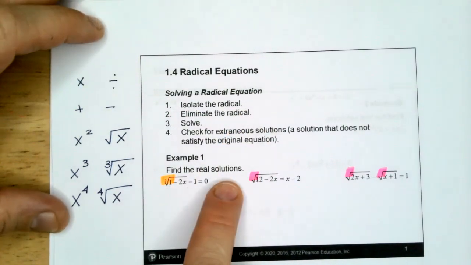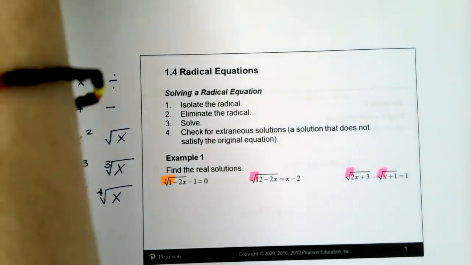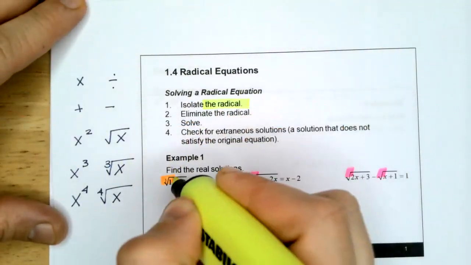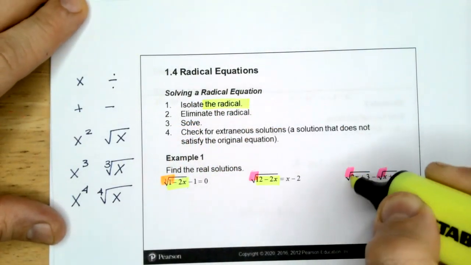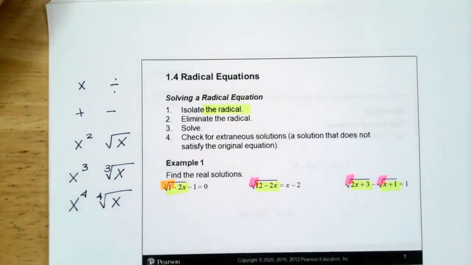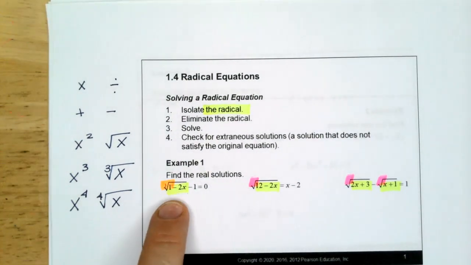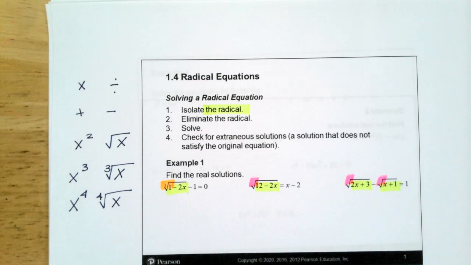This radical is not isolated. When they say the radical, they mean the radicand. So you're isolating the radicand. Good? Isolate it, then eliminate it, then solve. Always checking your answer after you solve it.